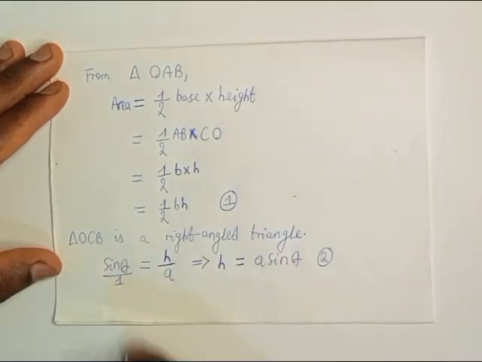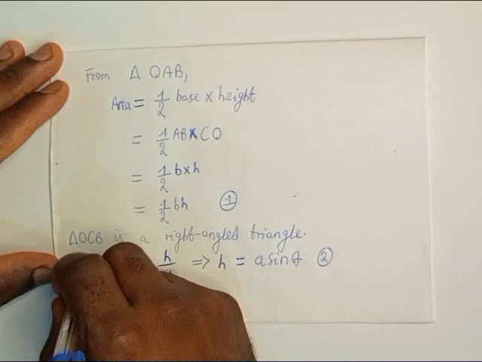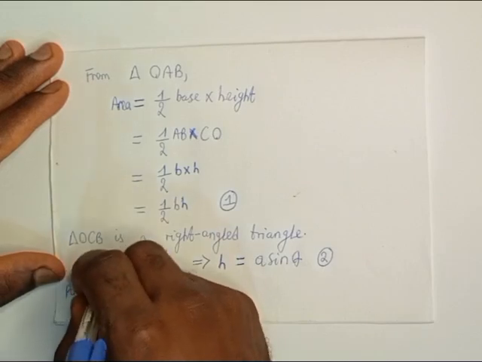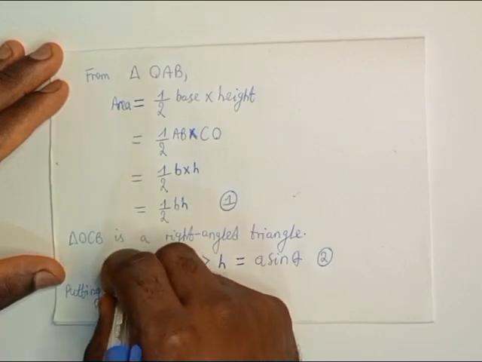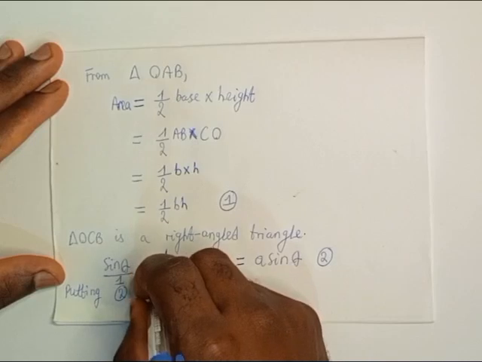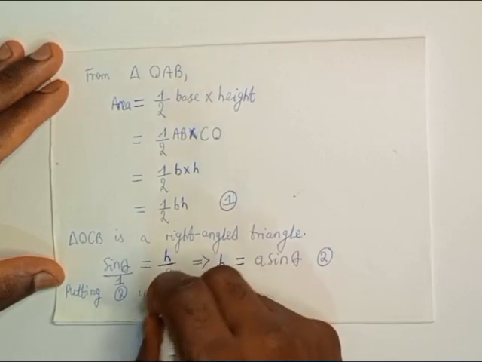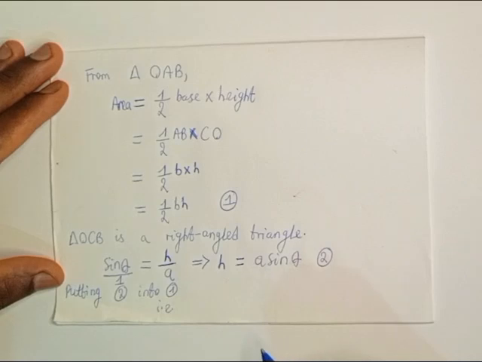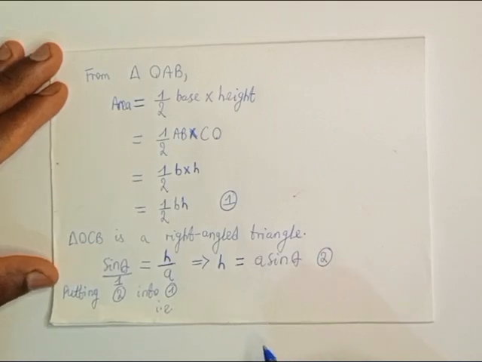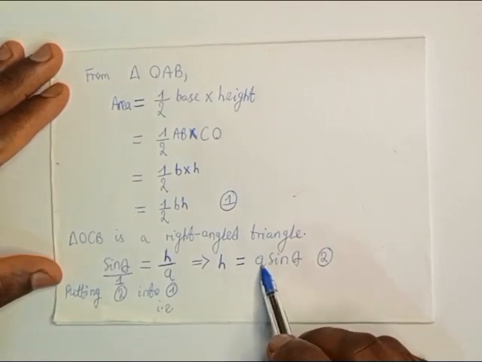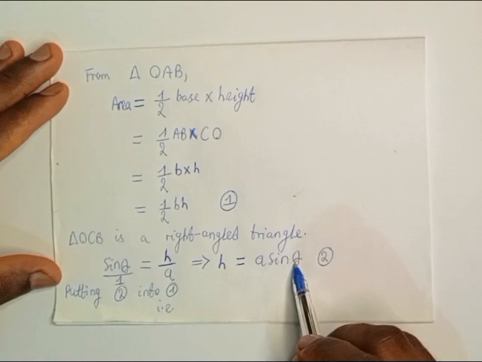Next, we are going to put 2 into 1. That means in equation 1, anywhere we see H, we have to replace H with A sine theta.